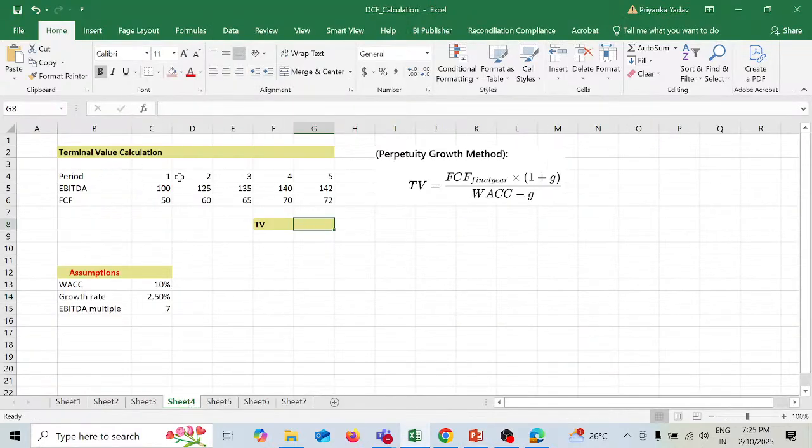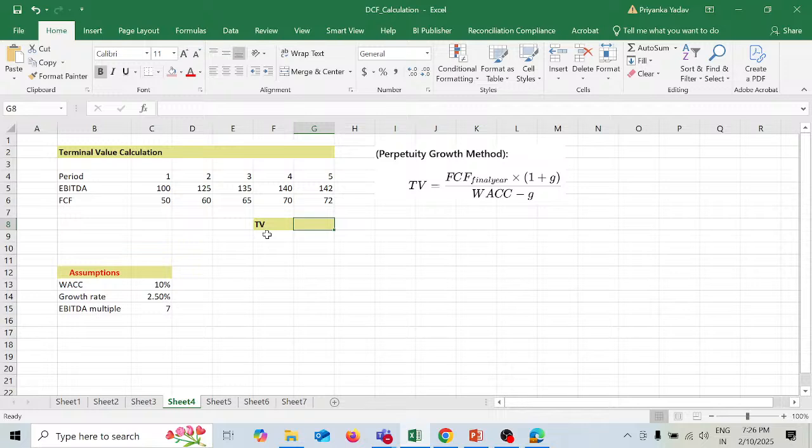For terminal value calculation, here we are calculating terminal value for 5 years. This is the time period provided in years. EBITDA and FCF, I have already told you how this is calculated. After you prepare your income statement and you have the figure of EBITDA, then you will work on FCF, and once you get your figures for FCF, you are going to calculate your terminal value.